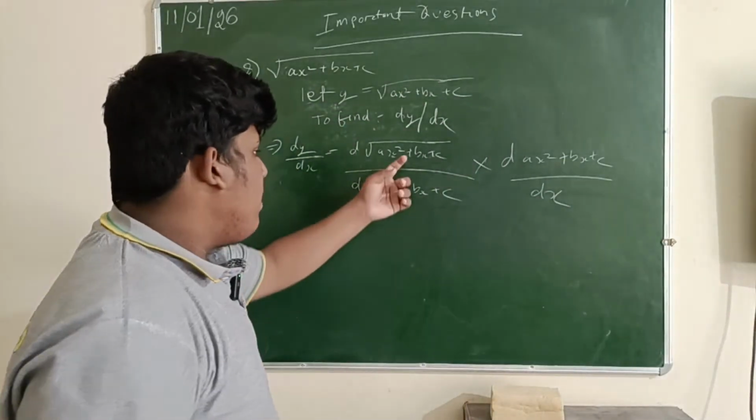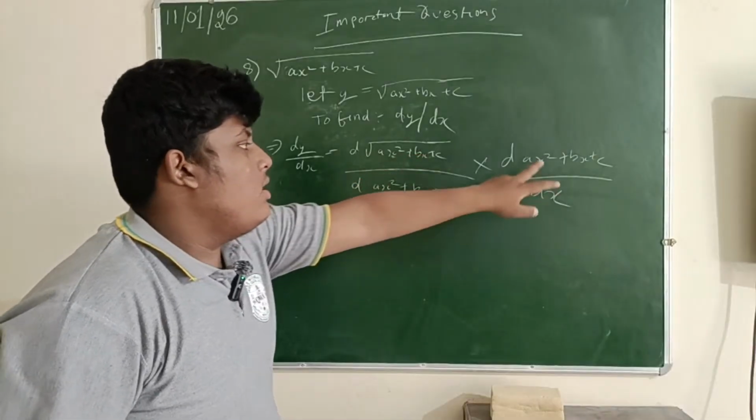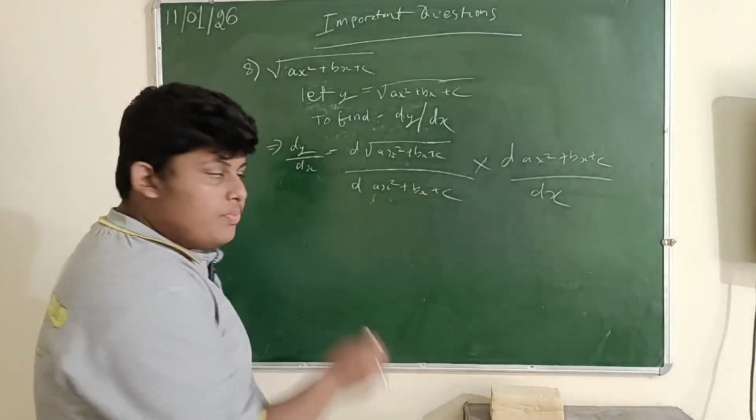So first we'll find the derivative of this root part, then the part without root.